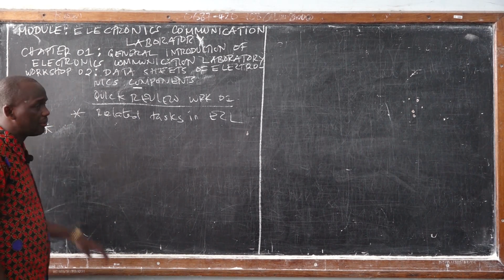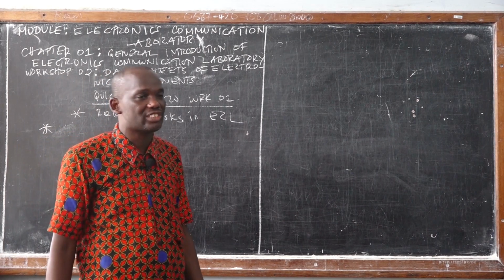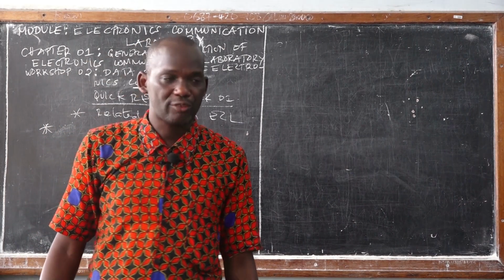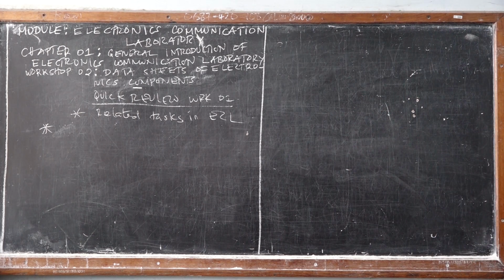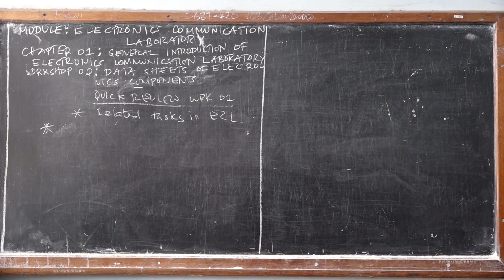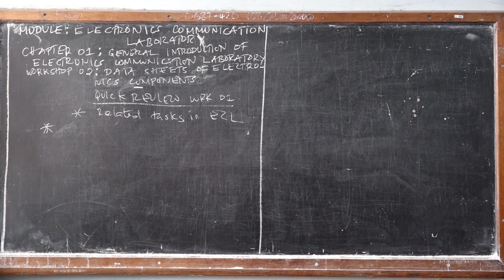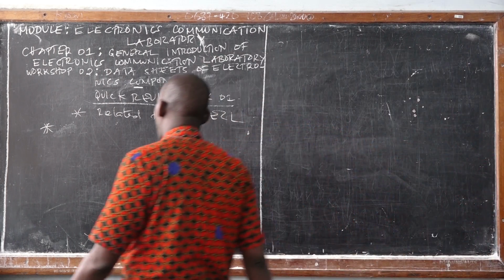In the first sub-enabling outcome, we use the knowledge and skills of electronics and telecommunication engineering to design analog and digital circuits, right? That concept has been broken into mainly 2 related tasks.